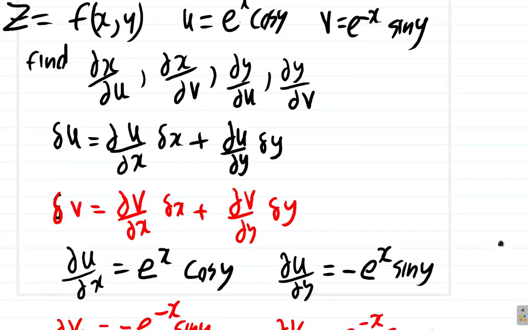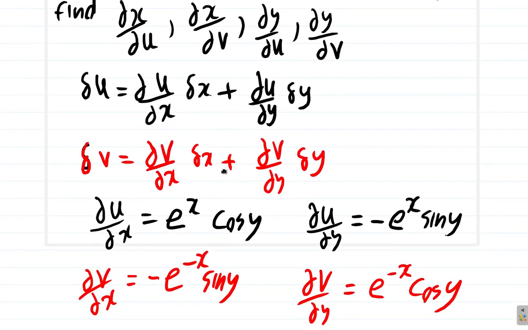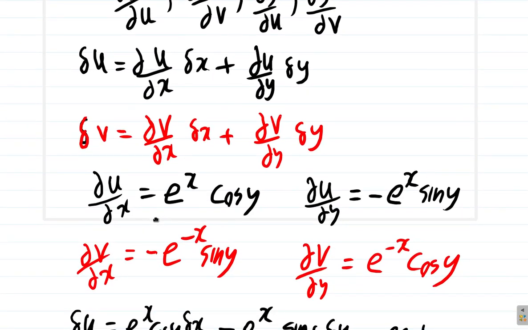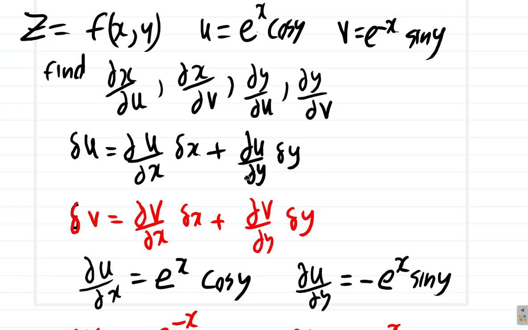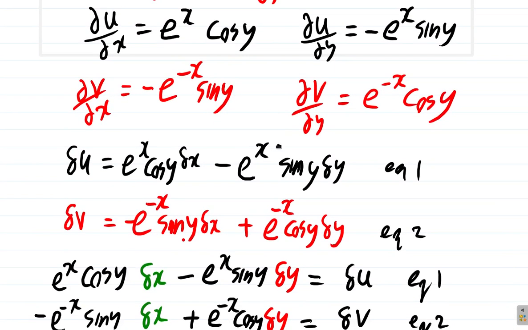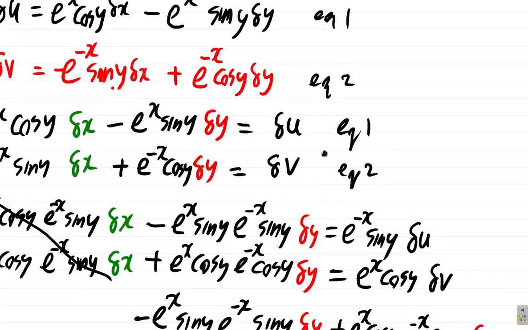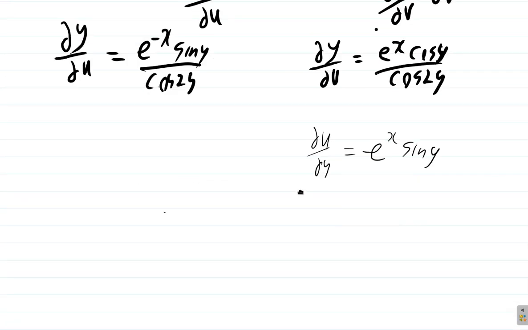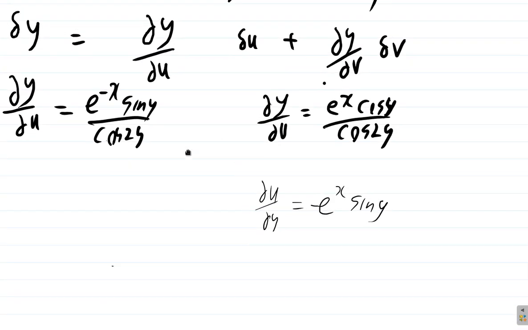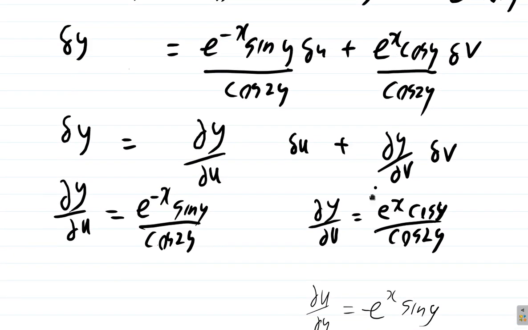Now, what was delta u by delta y? Again, we found earlier... Let me see something. Delta y by delta v.